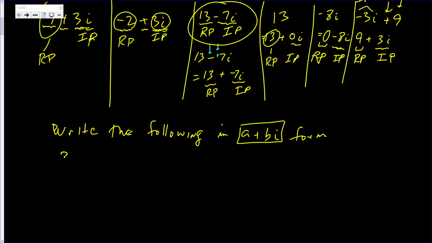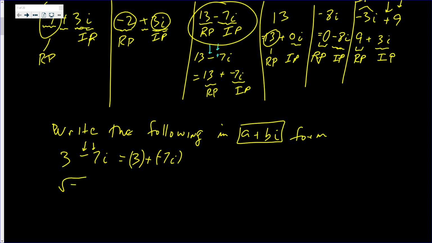So, if you have 3 minus 7i, understand that that 7 is positive, and that's the subtraction sign. I can change both of them. A plus bi. A is 3, b is negative 7.